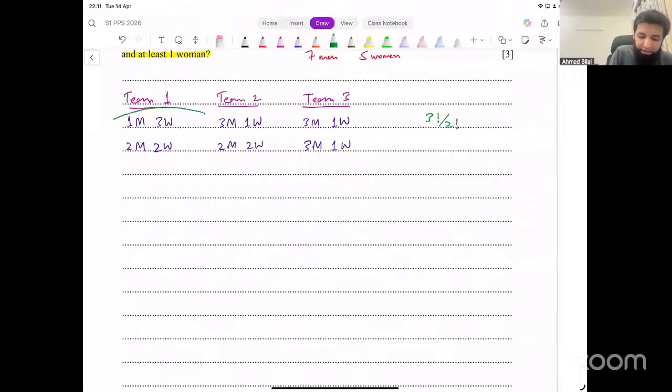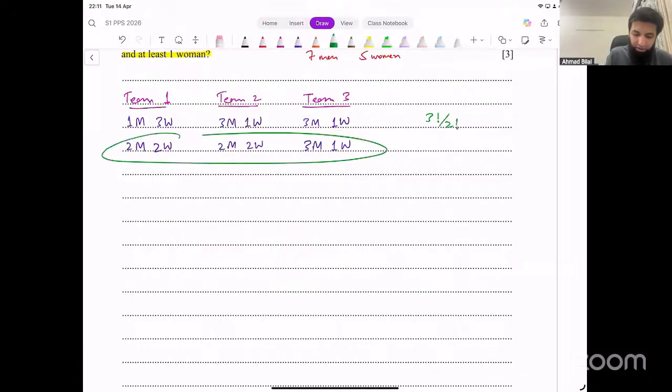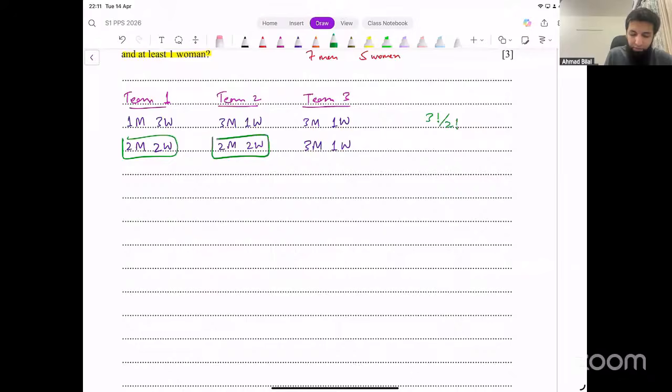So we would have three cases like this. And similarly here as well, two teams are identical: two men, two women; two men, two women; three men, one woman. So we would have 3 factorial over 2 factorial cases like this as well. Now, one idea could be that you list all of those cases down.